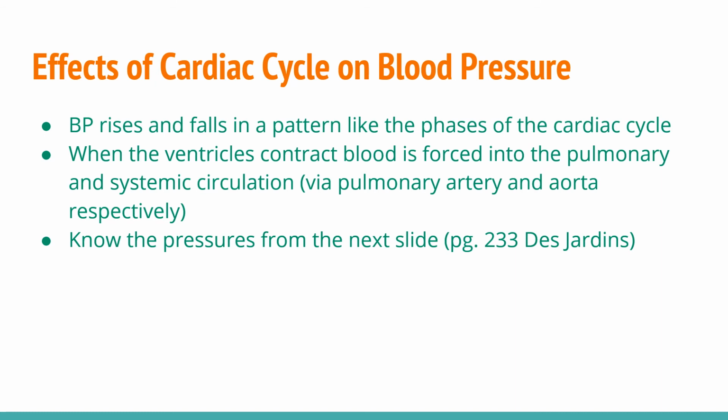You think of your ventricles contracting, the blood then enters the pulmonary trunk and the aorta, and that's going to increase your arterial pressure. Then as the ventricles relax and the atria are contracting, the blood enters the ventricles, and then your arterial pressure decreases. So it's a wave-like pattern.